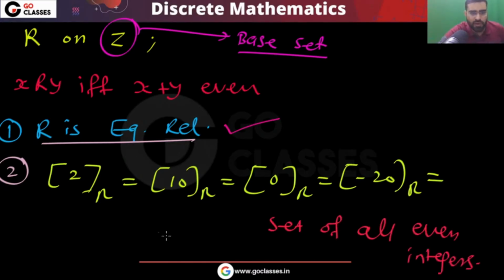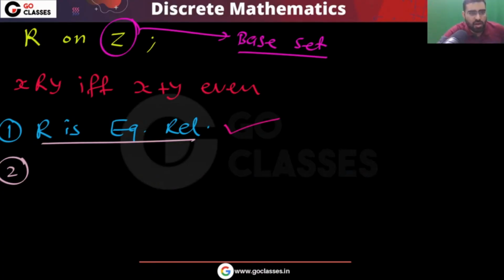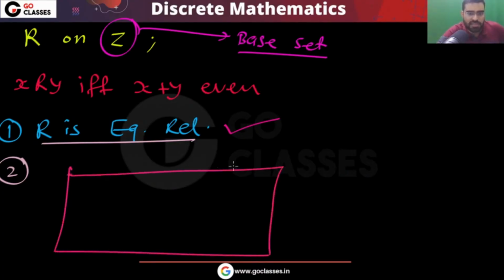Okay, so finally you tell me, this relation will partition our base set. This is the base set. Then tell me, this relation R will partition our base set into how many classes?